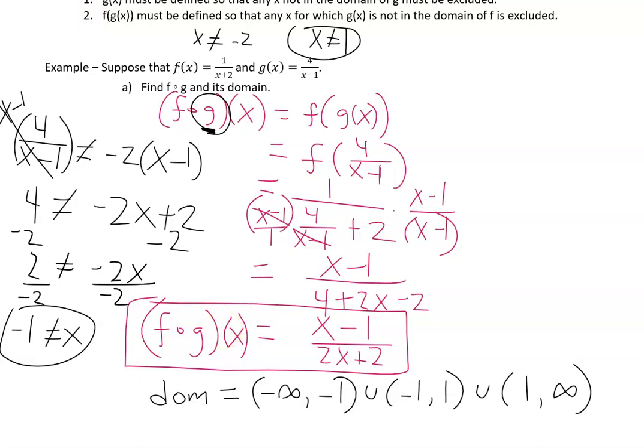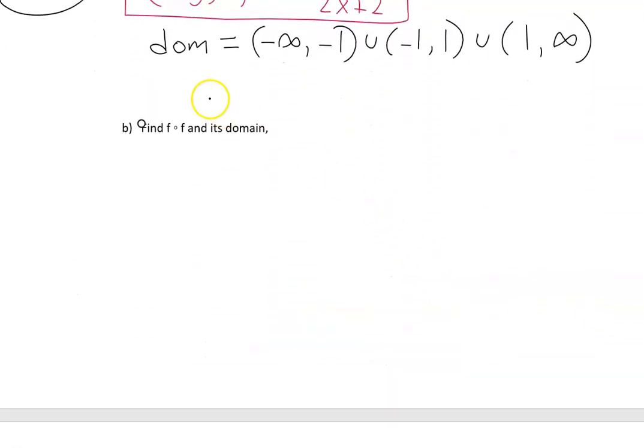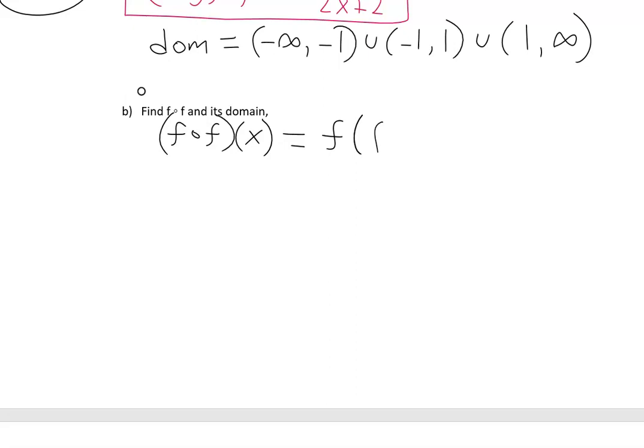All right, so our next example here is going to be very similar, but we're going to work through it. Notice that the difference here is that we are not composing f and g, we are composing f and f, but the process that we use is going to be exactly the same. So f composed with f of x is f of f of x.